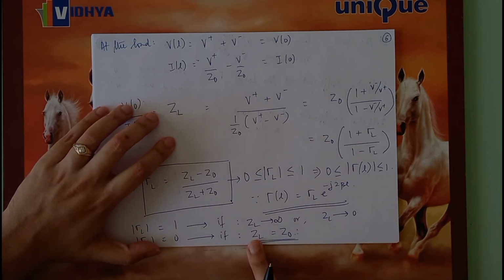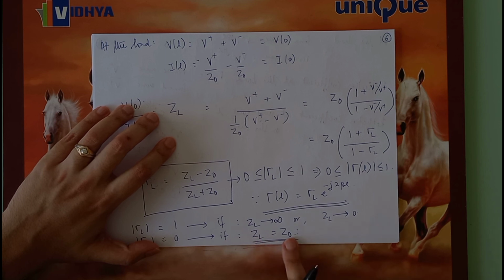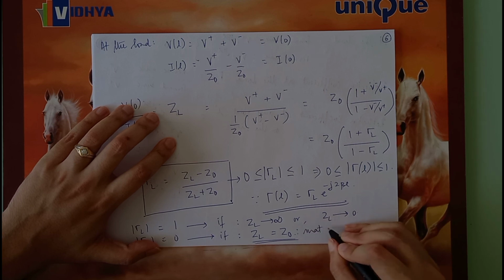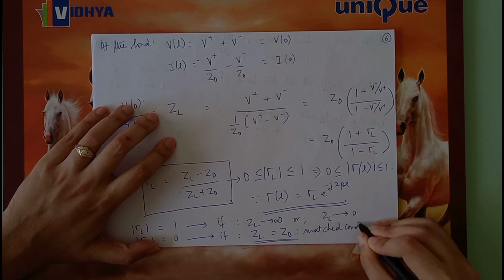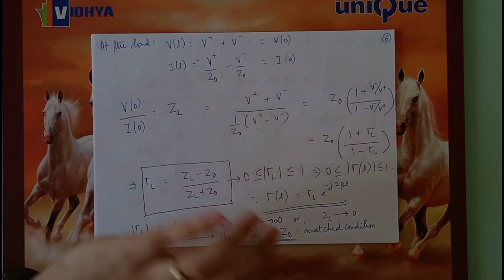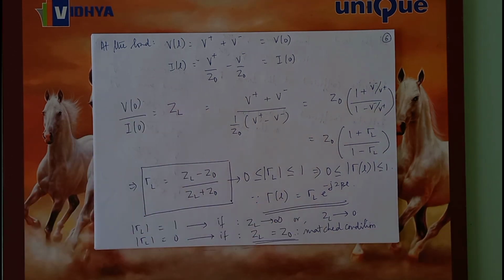This condition, when the load impedance is equal to the line characteristic impedance, this is called as a matched condition. And this is extremely desirable. Why? Because if the line and the load are matched, that is, if ZL is equal to Z0, there will be no reflection at all.